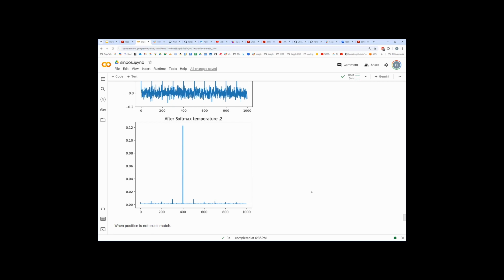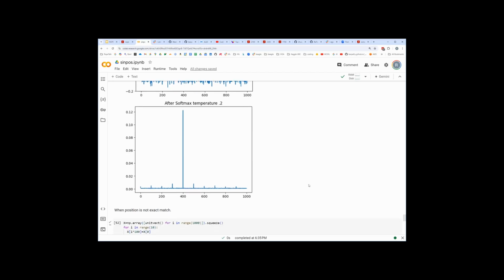I don't actually know what temperature is typically set to in transformers. Is it 1? Does anybody know? In the original paper they had 1. Since they divided by the square root of the model dimension, they were sort of using that as the temperature.